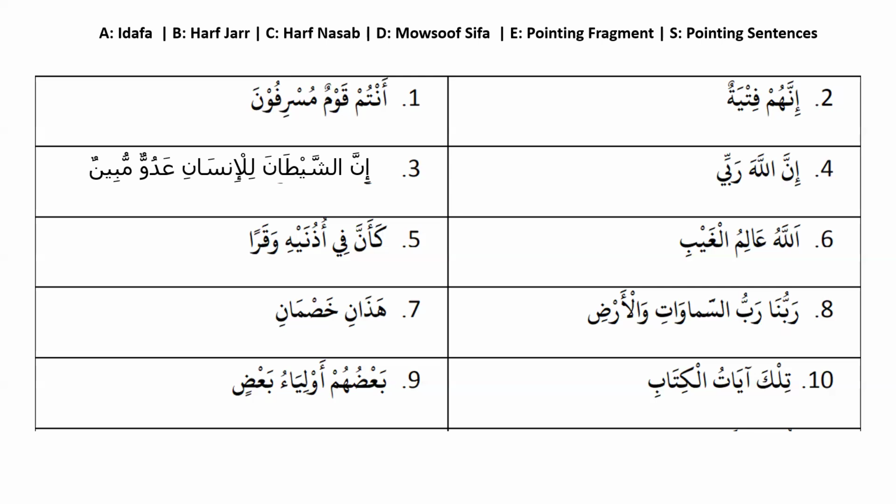As though. Very good. As though. Okay, so as though is a harf of nasab. Remember that, right? Now then it says fi. So fi is not ism, right? It's a harf, right? So fi means in. Harf of jar. Okay. So uzunaihi.